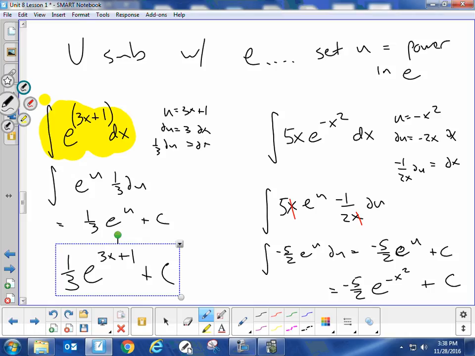You end up with negative 5 halves e to the negative x squared plus c as the antiderivative of 5x e to the negative x squared.